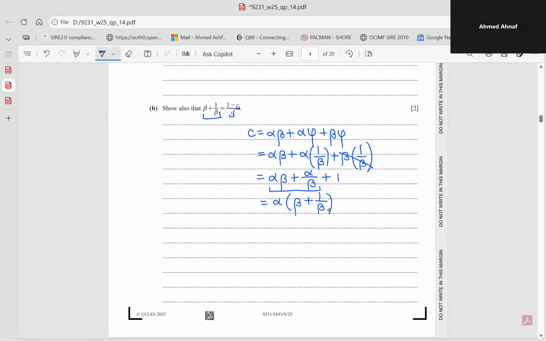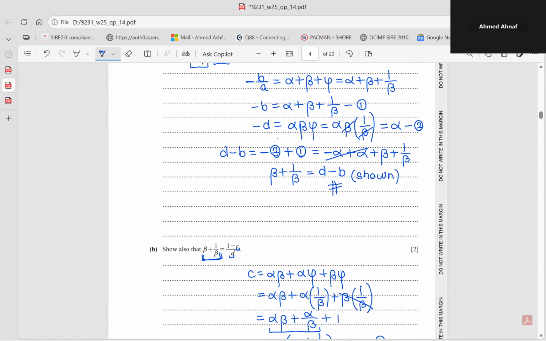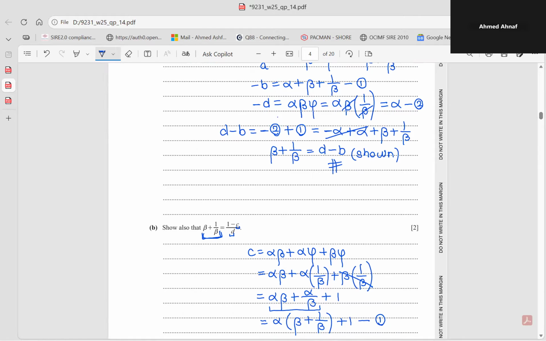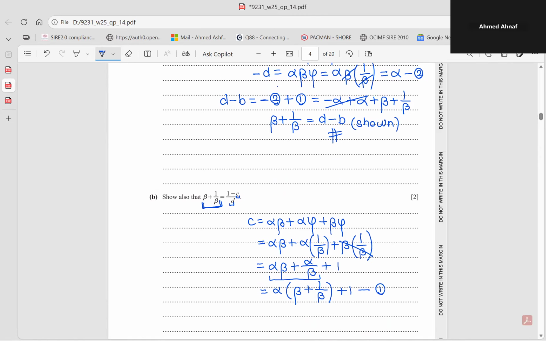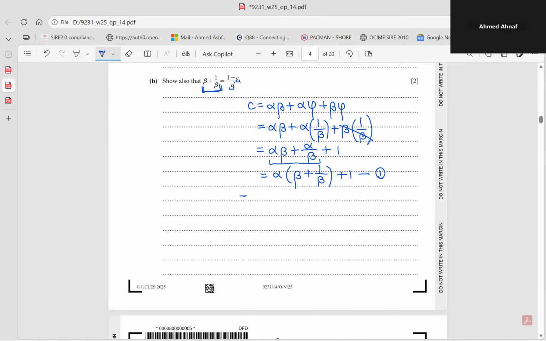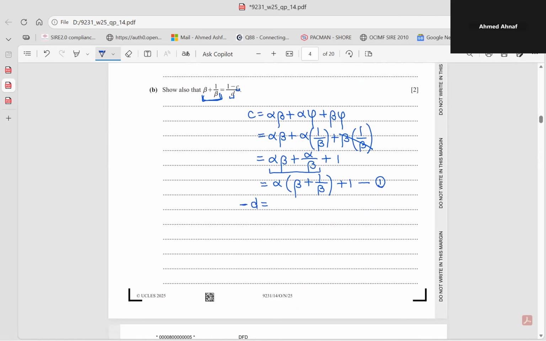You can see the expression in the bracket is the left-hand side of the whole thing. So this is our first equation. Now we'll get the expression for d from the second part. So minus d is just equal to alpha.